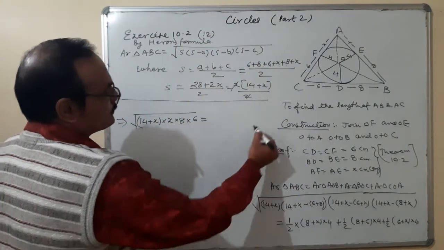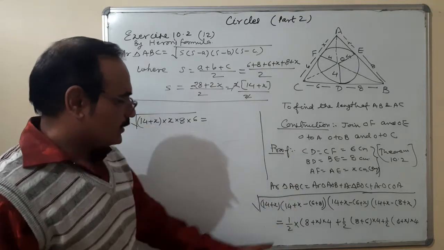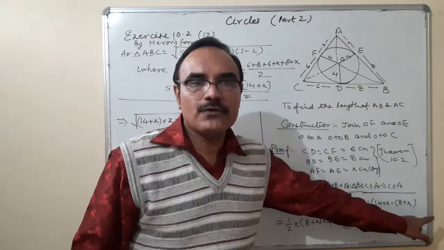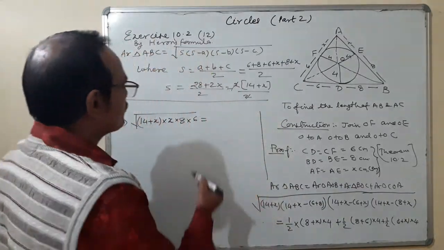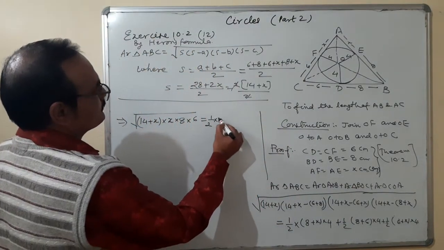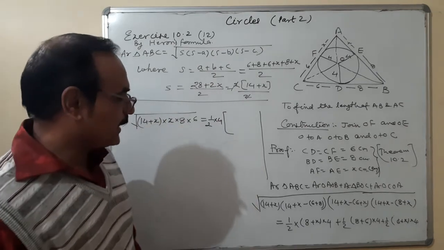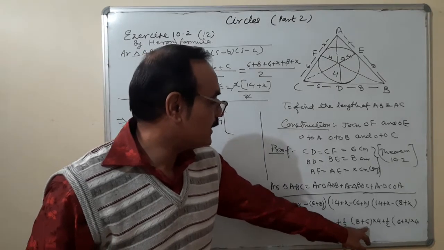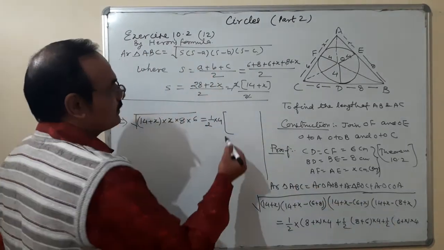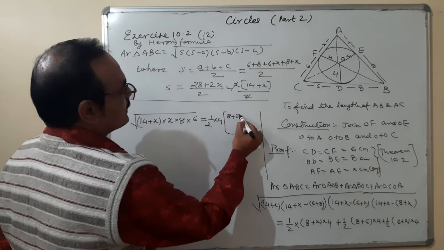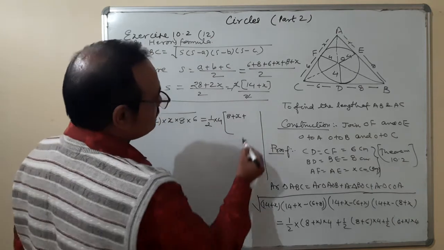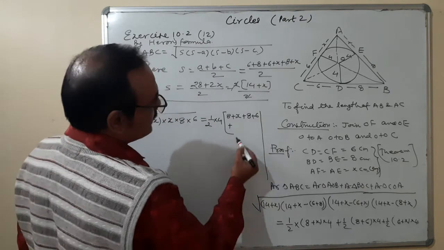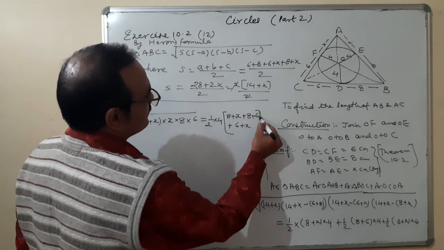Is equal to, you can see this term 1 upon 2 into 4, 1 upon 2 into 4 and 1 upon 2 into 4. May I take 1 upon 2 into 4 common? Then in the bracket 8 plus x, plus 6 plus 8, plus 6 plus x is left.